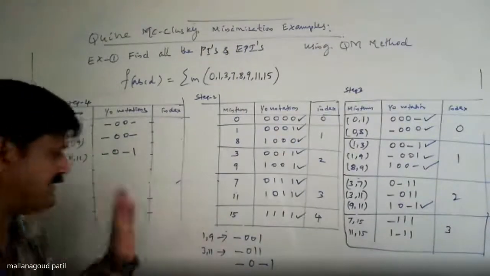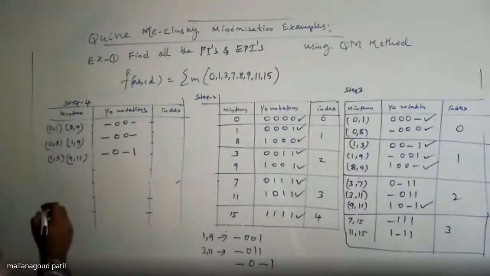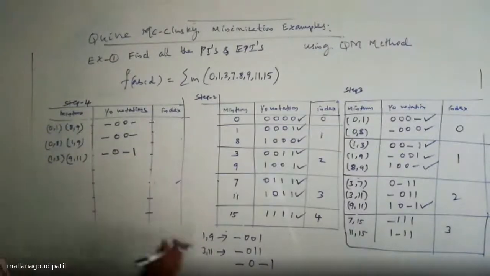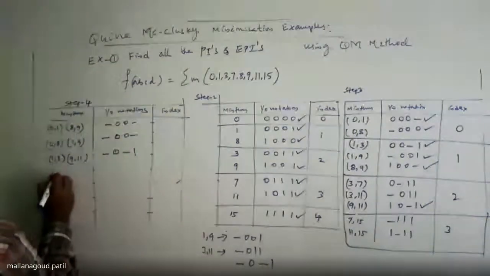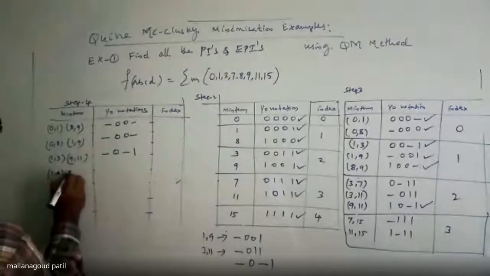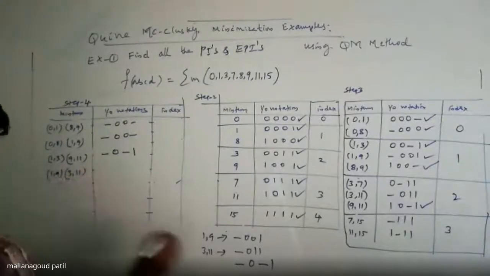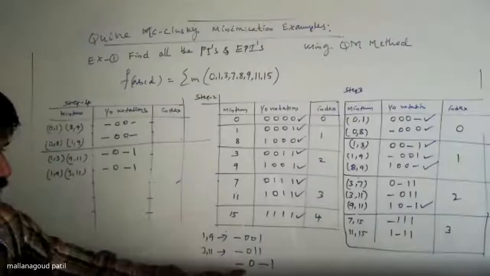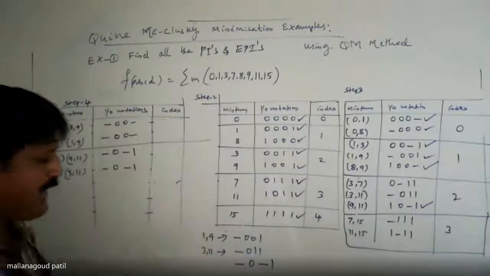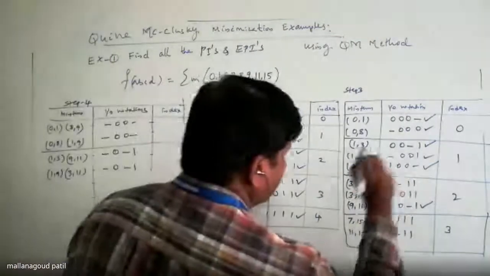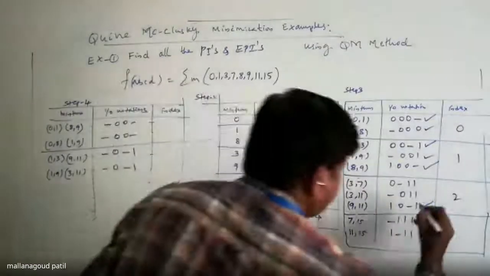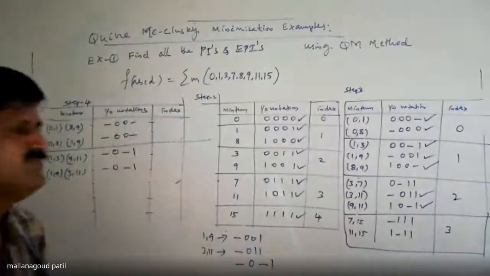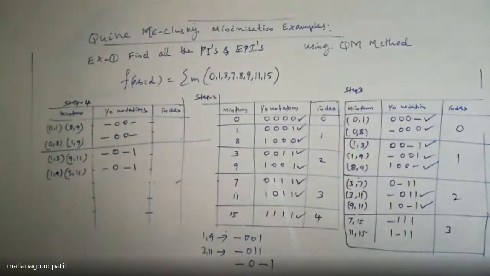Now I want to take this into my list, which is 1, 9, 3, 11, with representation dash 0, dash 1. Now you have to mark: 1, 9 is already marked. 3, 11 you have to mark.